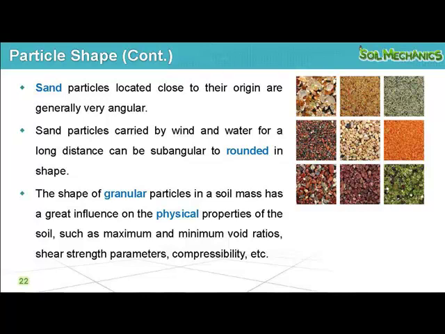You can see in the photo, sand particles have different color, different shape, different size. It depends on the mode of transportation, the parent material, and how it weathered. Sand particles carried by wind and water for a long distance can be rounded in shape.